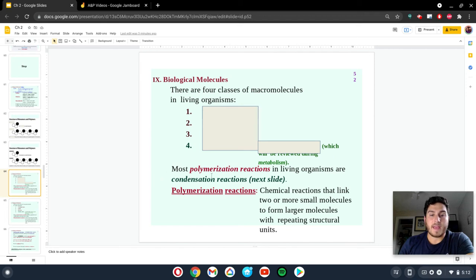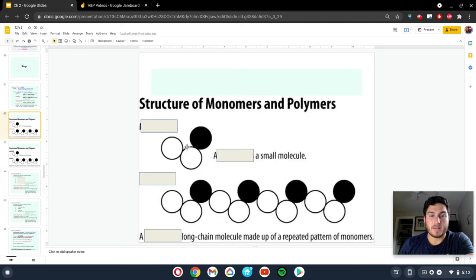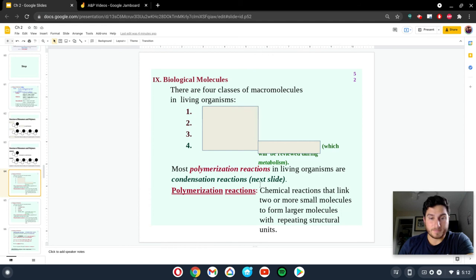The one thing they have in common is they go through these things called polymerization reactions. Polymerization is the process in which these macromolecules are formed. In other words, how do you connect this monomer with another monomer? It's a polymerization process. It's in the name.